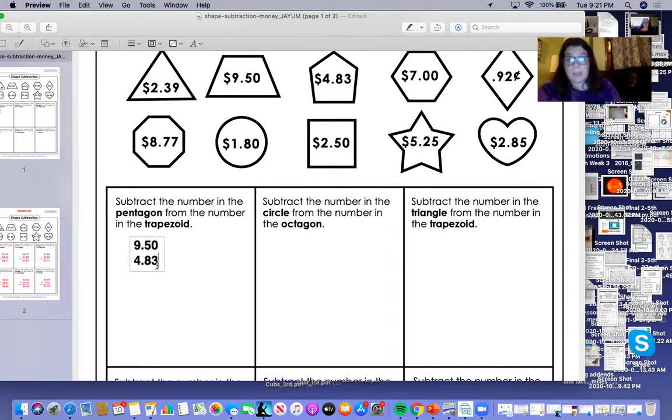So the most important thing to remember if you're subtracting is to line it up. And we talked a little bit about how, I know we haven't really gotten too much into decimals. We have done fractions. We know that fractions are part of a whole. Well, same as decimals. Decimals are part of a whole.